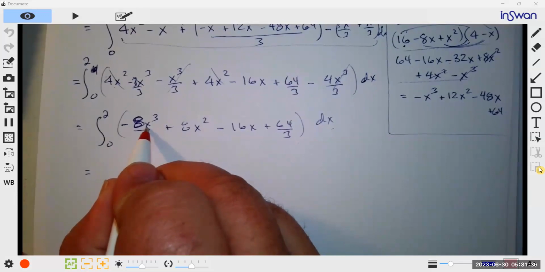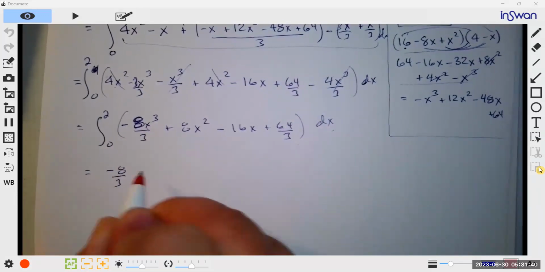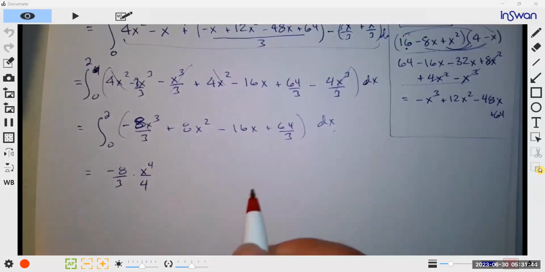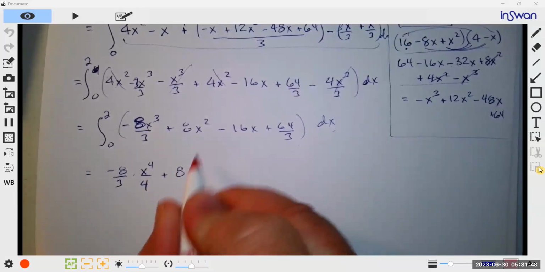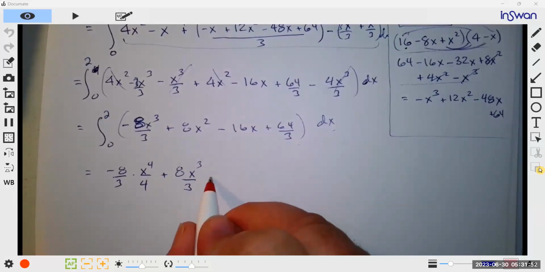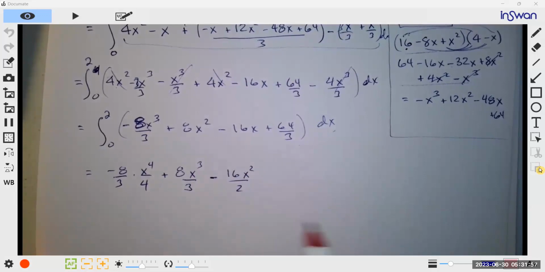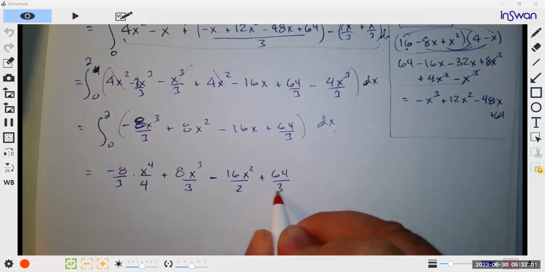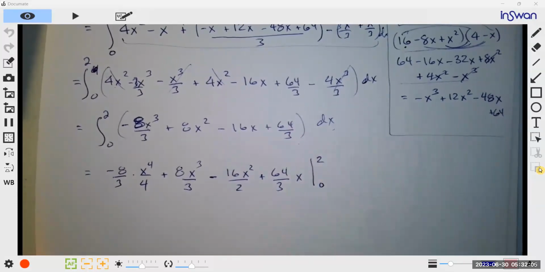So the integral of x cubed is x to the 4th over 4. X squared is x cubed over 3. X squared over 2. 64 over 3x from 0 to 2.